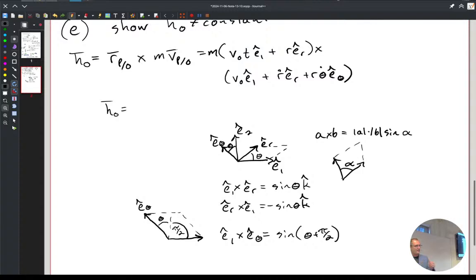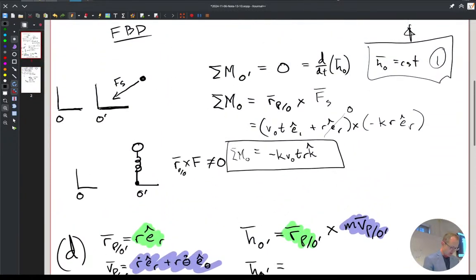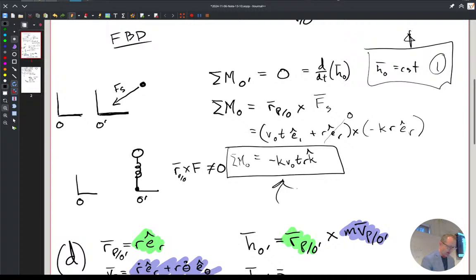So if you can finish that up, what you'll find is that you'll end up with some function of time term there as well. You can do either side of that equation. Since the sum of the moments is the change in angular momentum, if you solve for moment and show that it's not zero, then you know that angular momentum is not conserved. It's not constant. So either way.